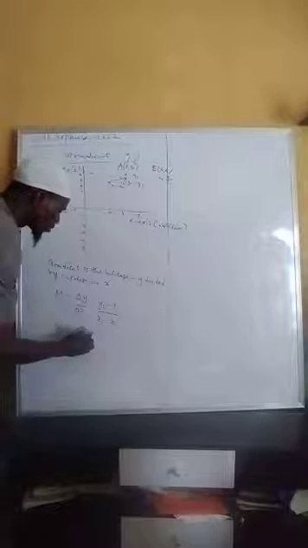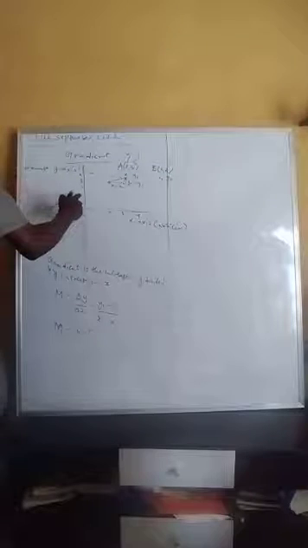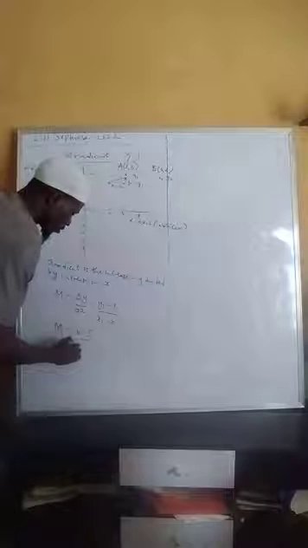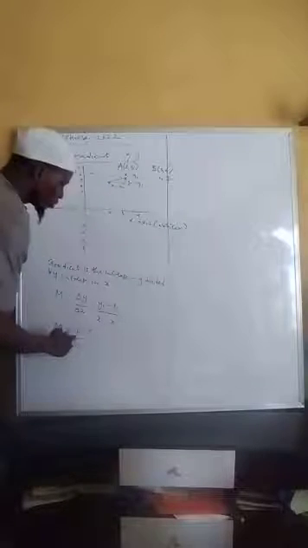So which is going to be 6 minus 5 over x2. x2 is 3, so 3 minus 2, which is going to be 6 minus 5, 1, 3 minus 2, 1. So our gradient here is equal to 1.